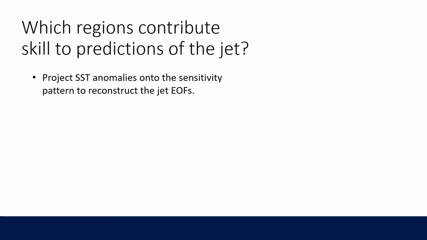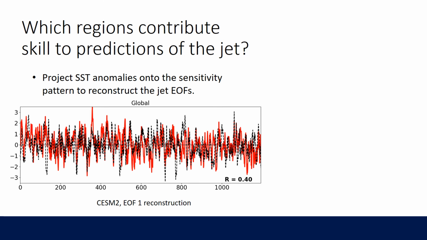Finally, we can combine these two pieces of information to investigate which regions are most important for skillfully reconstructing decadal jet variability using SSTs. For each model, we project low-pass filtered SST anomalies onto the sensitivity pattern from the atmosphere-only runs and plot this, shown here in red for CESM2, along with the time series associated with the jet EOF1, shown by the dashed line.